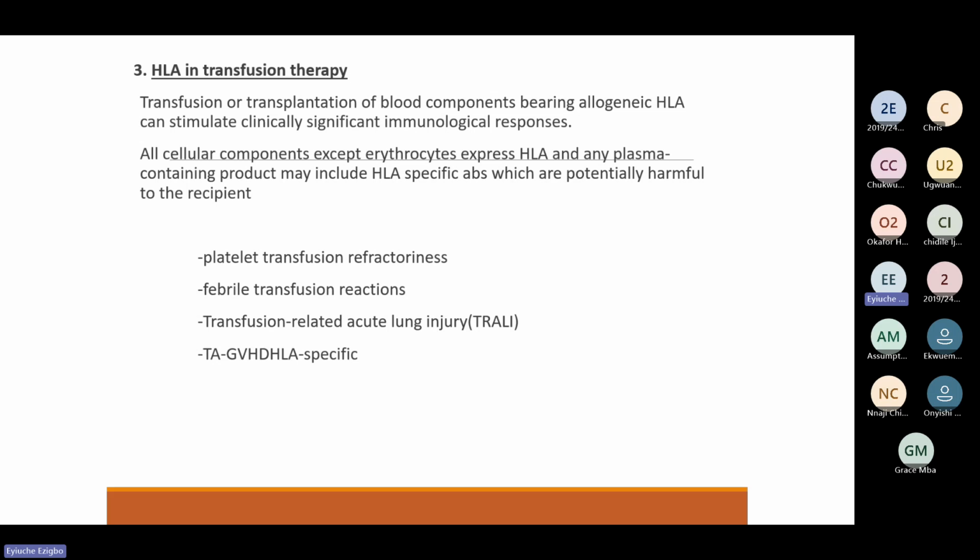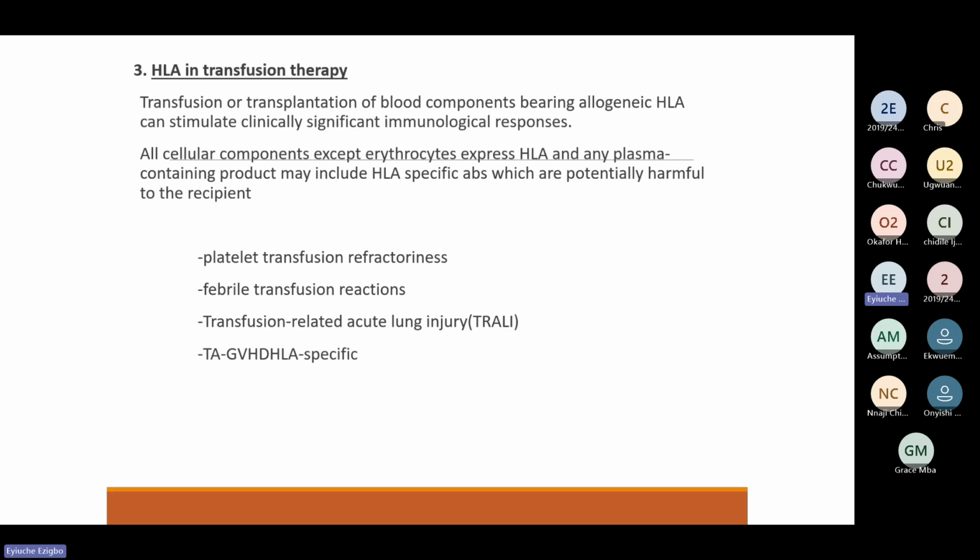Transfusion or transplantation of blood components bearing allogeneic HLA can stimulate a clinically significant immunological response. All cellular components except erythrocytes express HLA, and any plasma-containing product may include HLA-specific antibodies, which are potentially harmful to the recipient. So even in blood transfusion, HLA plays a significant role.